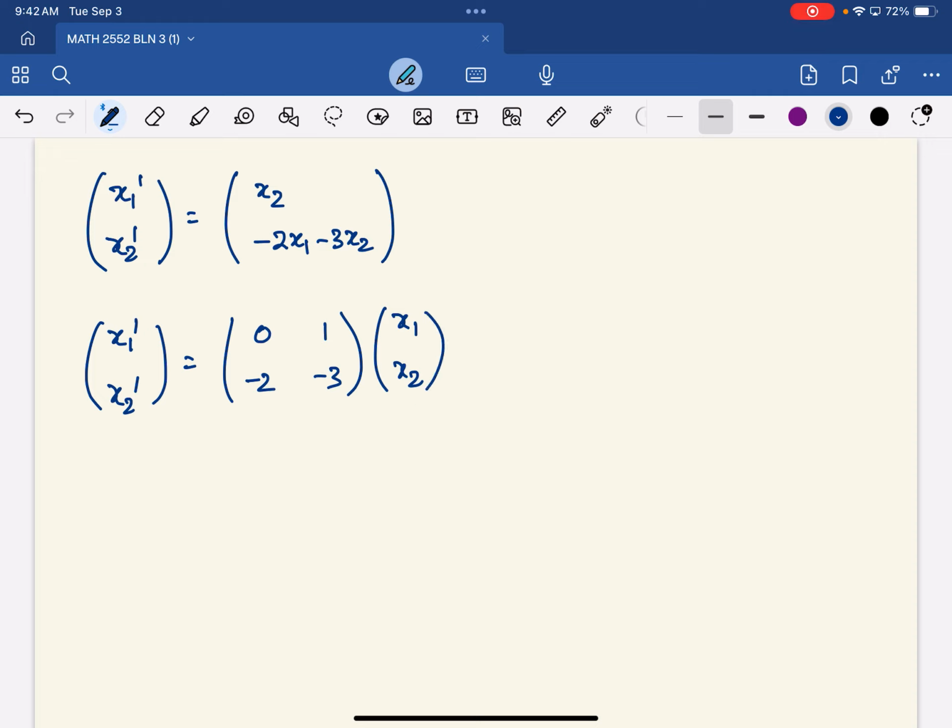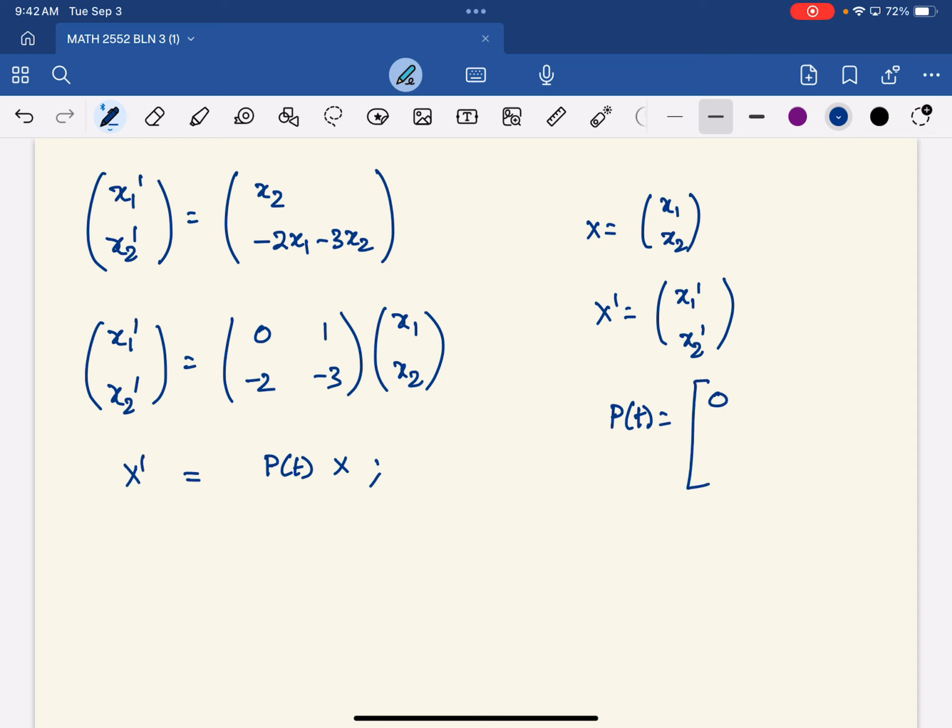I can write this as x prime equals p of t times x, where my x is x1, x2, my x prime is x1 prime, x2 prime, and my p of t is a 2 by 2 matrix, 0, 1, negative 2, negative 3. So by using the change in variable, I transformed my scalar differential equation y double prime plus 3y prime plus 2y equals 0 into a system of first order differential equations. Is this clear?